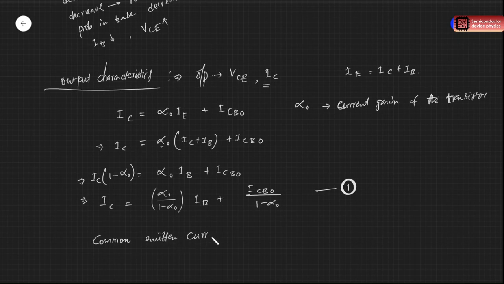The common emitter current gain is defined as beta 0, which is delta IC by delta IB. It's the incremental change in IC with respect to the incremental change in IB, right? So this is our output current, and this is the input current, IB.